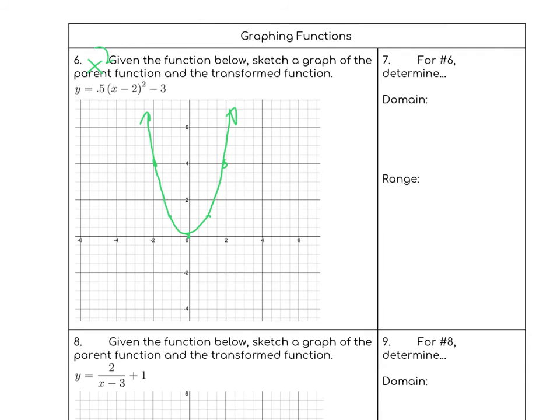So for the transformed function, we take 0, 0, we multiply by 0.5, and we subtract 3, and then we go right 2. Because it's going right 2, multiply by 0.5, move down 3. And then for 1, 1, multiply by 0.5, subtract 3, so that's 1/2 minus 3 is -2.5.